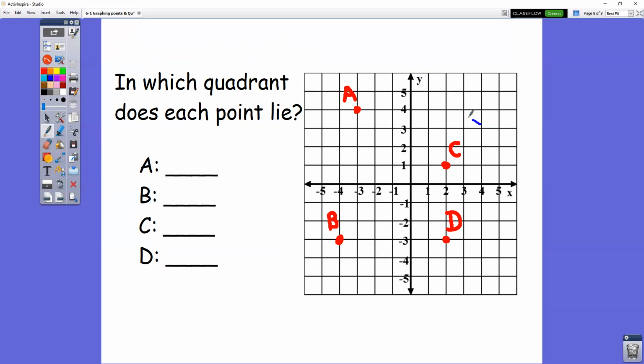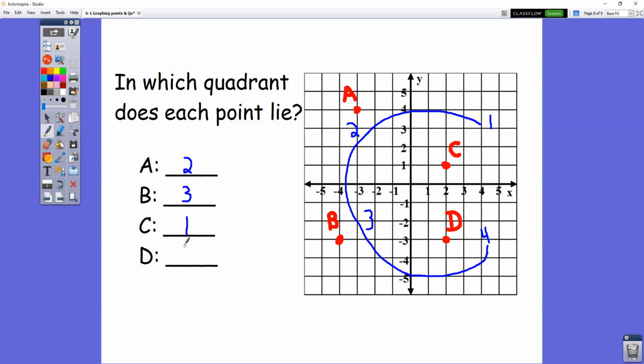So again, if you remember the gigantic letter C, this goes from quadrant number 1 to quadrant number 2 to quadrant number 3, and it ends up in quadrant number 4. So C is in quadrant number 1. A is in quadrant number 2. B is in quadrant number 3.